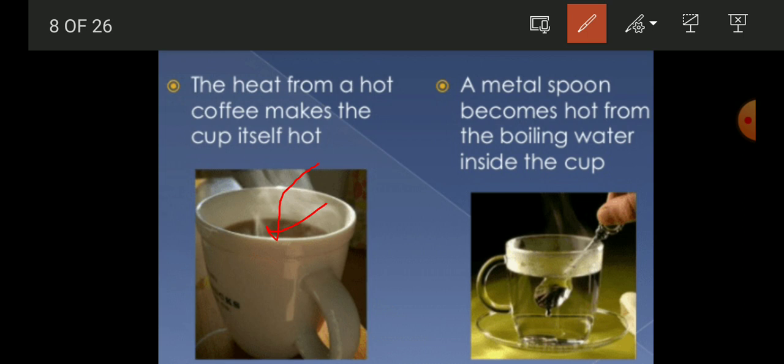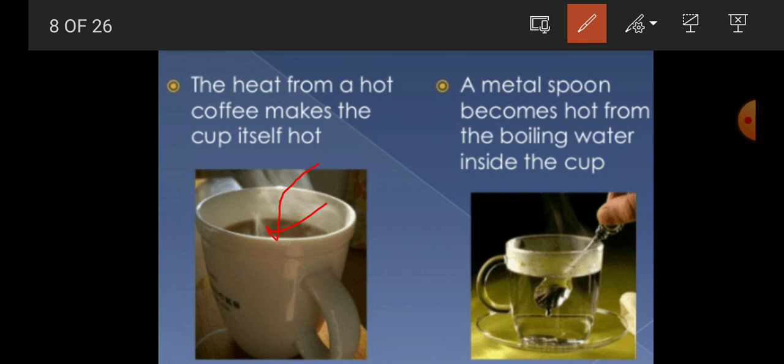So conduction involves touch. Here, when the hot liquid touches the wall of the cup, only then does the cup get hot. And here we have a second example also: the metal spoon becomes hot from the boiling water inside the cup.